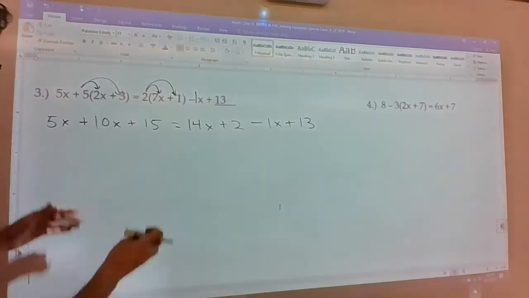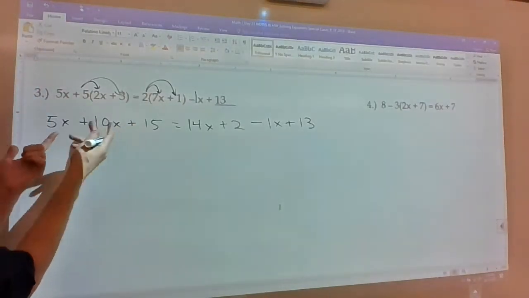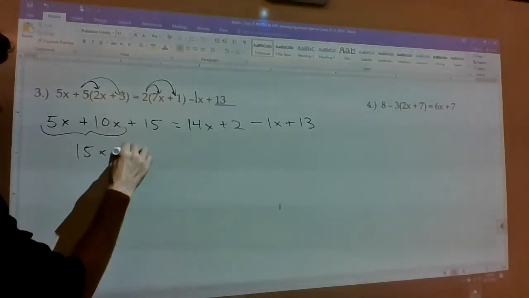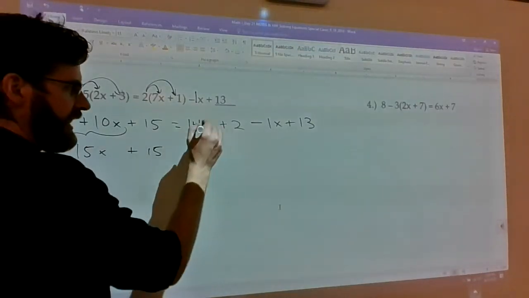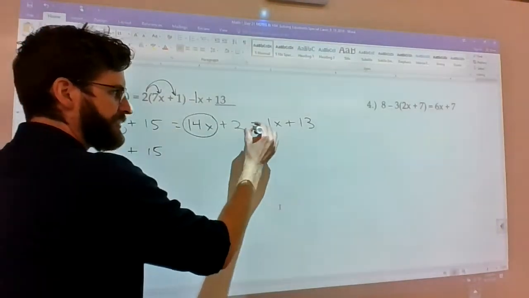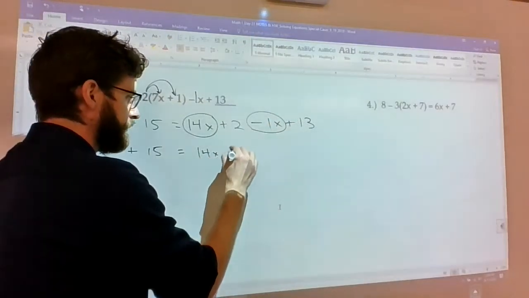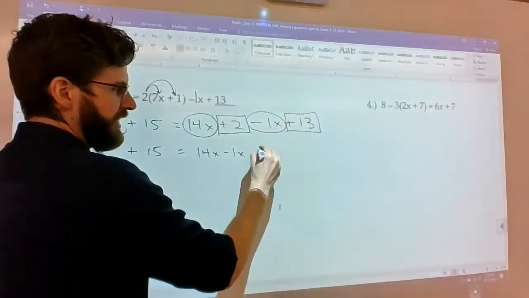All right, second step. I want to simplify the left-hand side. So I don't have to move anything around. 5x plus 10x side by side, they're 15x. All right, over here I'm going to use the commutative property to say 14x minus 1x should be side by side. And then 2 plus 13 should be side by side as well.